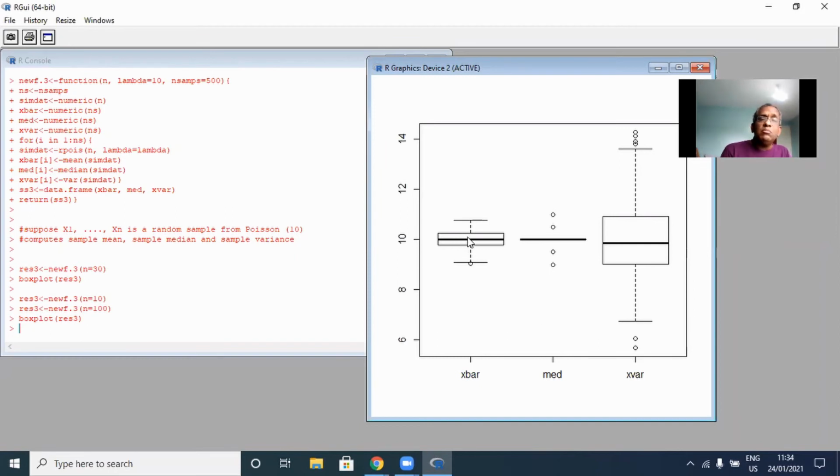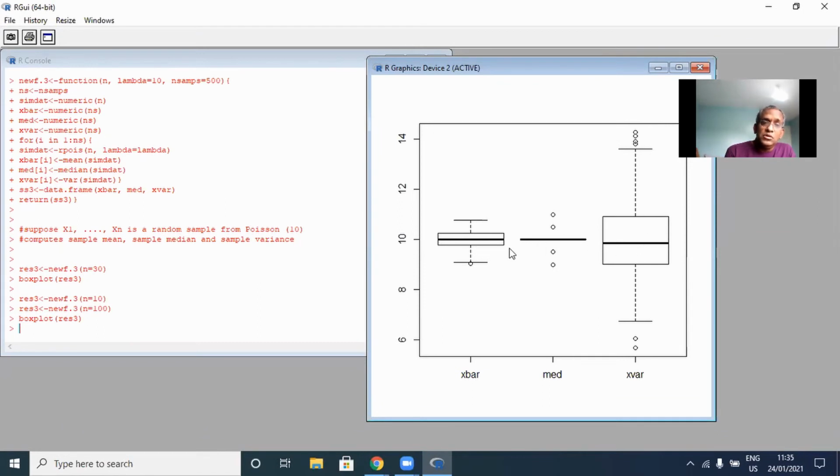Because the sample mean doesn't need to be an integer, and lambda in the Poisson distribution can be any real value. So once again, for that reason, of the three you would prefer to choose the sample mean.